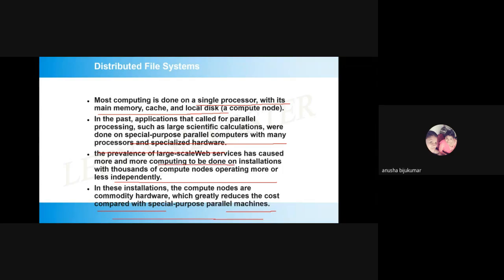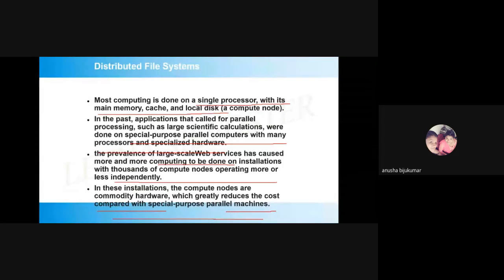Also, in large-scale web services, thousands of independent compute nodes are used. In these cases, the compute nodes use commodity hardware, which reduces the cost compared with the special purpose parallel machine.